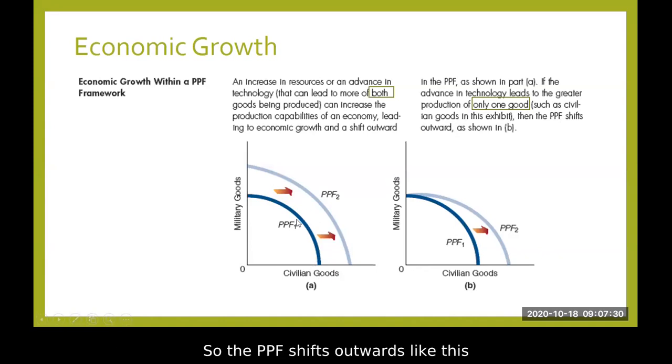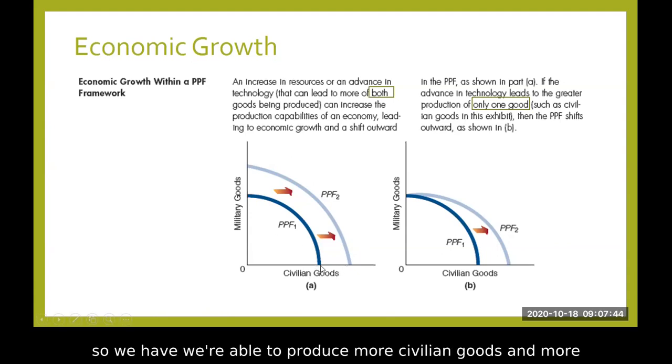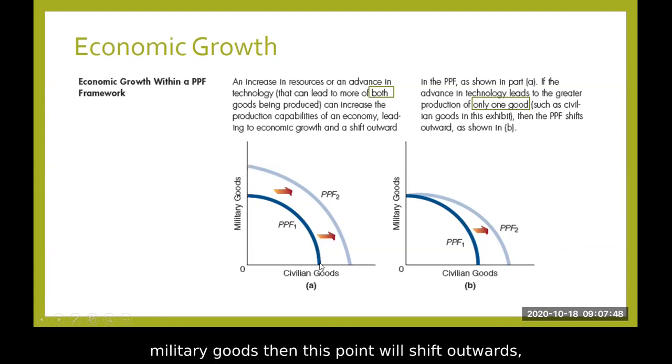The PPF shifts outwards like this if we have an increase in both goods, whatever you have on the x-axis and whatever you have on the y-axis. If we're able to produce more civilian goods and more military goods, then this point will shift outwards, this one will shift outwards, and it gives this entirely new PPF. So when we're able to increase the production of both goods, good X and good Y, the entire PPF will shift outwards.